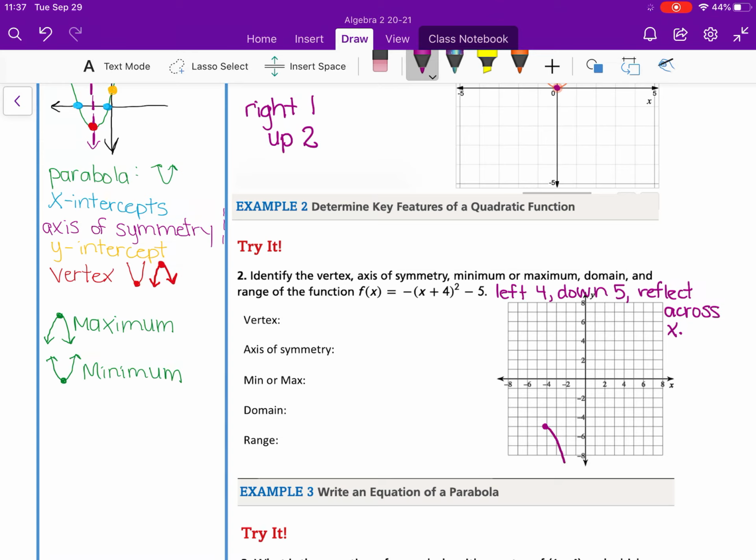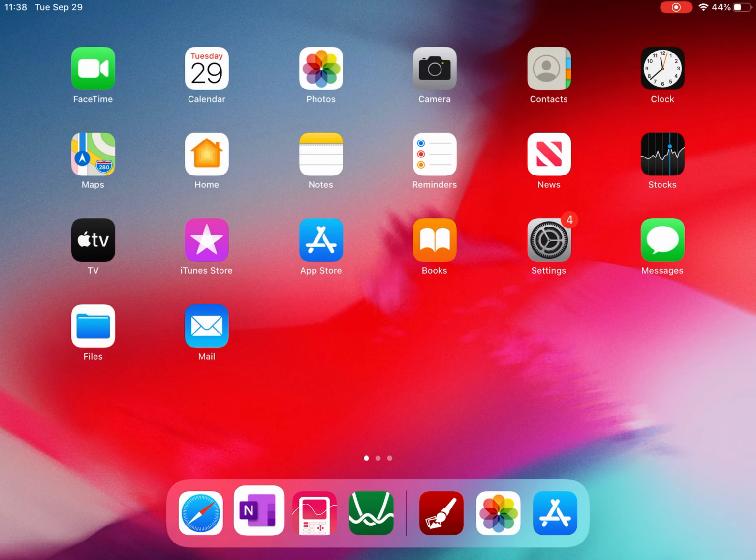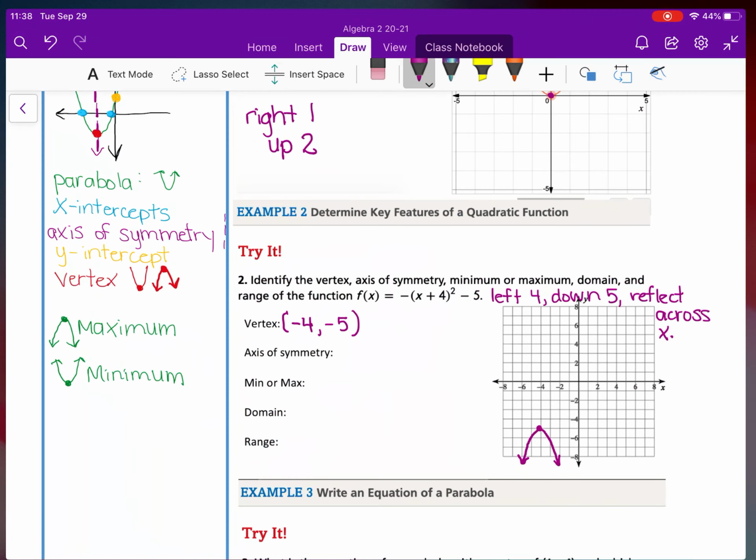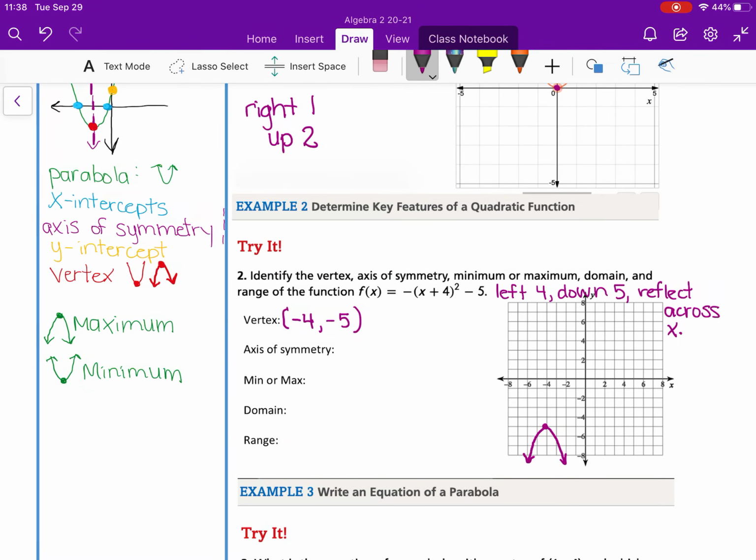I'm going to go to (-4, -5) as my vertex, and it is reflected down, so it points down this way. All right, so that means that my vertex is (-4, -5). That one was easy. If you missed that part, sad for you, because look, ta-da, Desmos gave it to me.